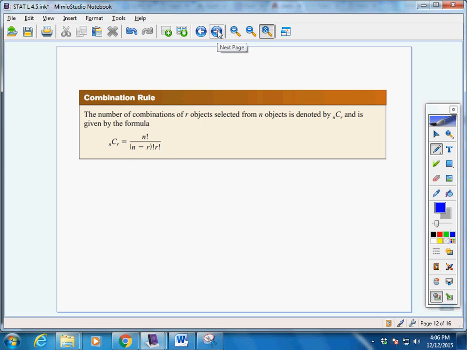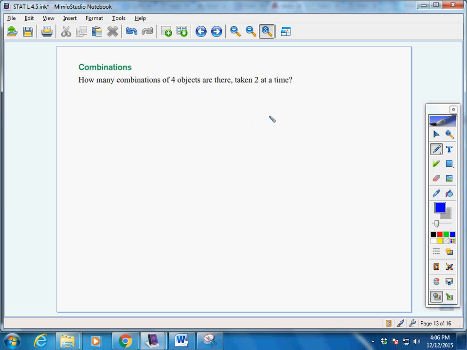So if we look at an example, how many combinations of 4 objects are there taken 2 at a time? Well, remember our formula for n total objects taken r at a time is n factorial over the difference factorial, n minus r factorial, and then r factorial again. So in this case, we have 4 objects taken 2 at a time without regard to order.